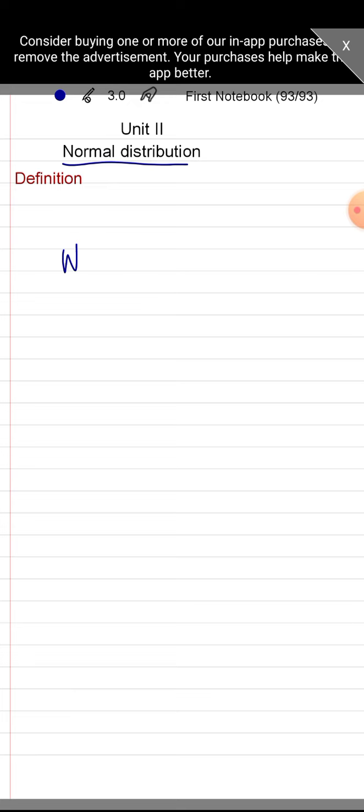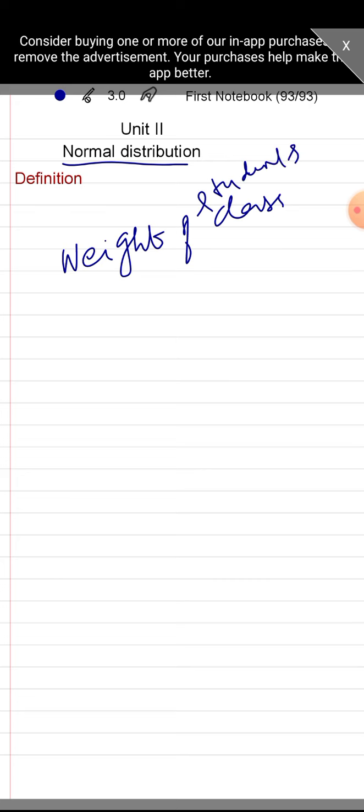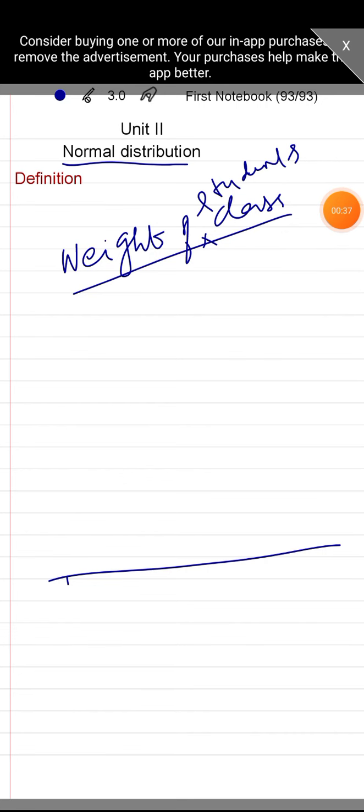So that is the weight of the students in the class. Okay, the weight of the students in the class I am going to consider. So from that sample we can define, when we are taking the weight, the weight varies from 20, 30, 40, 50, 60 kgs.